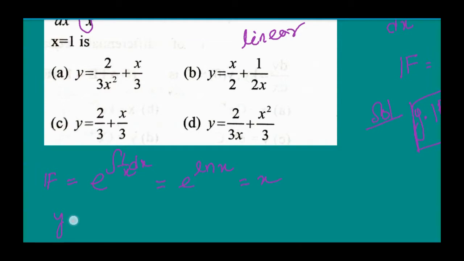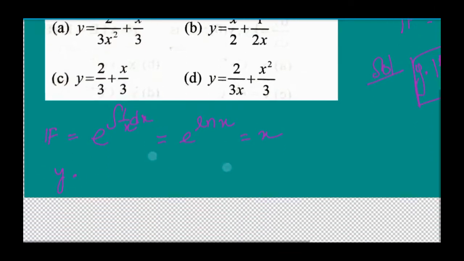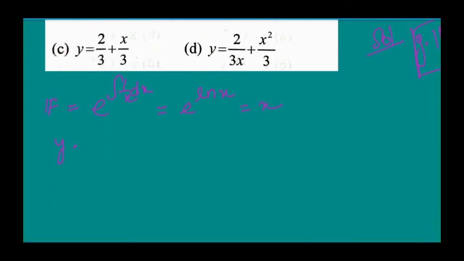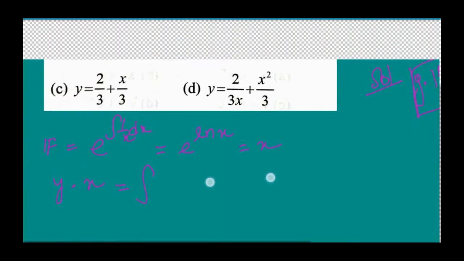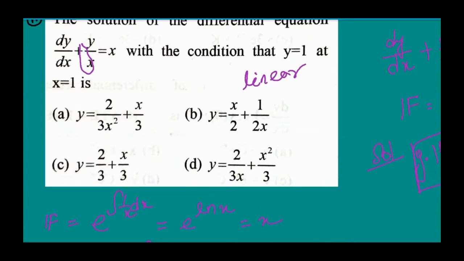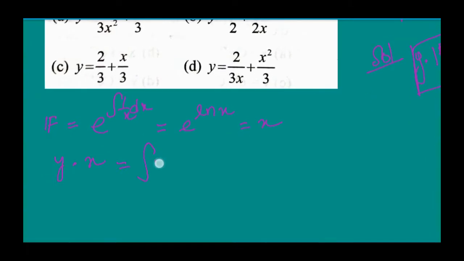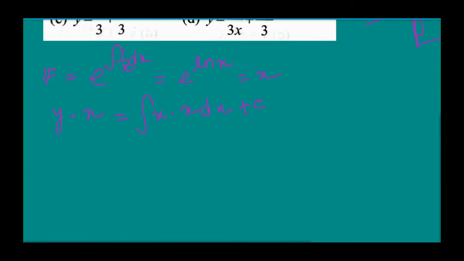So the solution will be y into integrating factor is equal to integration of Qx into integrating factor. What will be the Qx? Here given Qx is x, and Qx into integrating factor is also x, dx plus c.